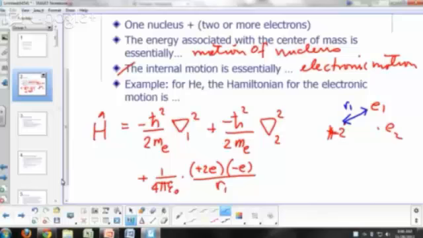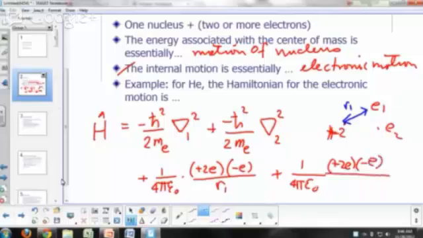It only depends on distance. Plus potential energy of attraction between electron 2 and the nucleus. So that would be 1 over 4 pi epsilon naught, charge of the nucleus plus 2e, charge of the electron negative e, divided by the distance between electron 2 and the nucleus. Let's call that r2. What else do we need to add to our Hamiltonian?